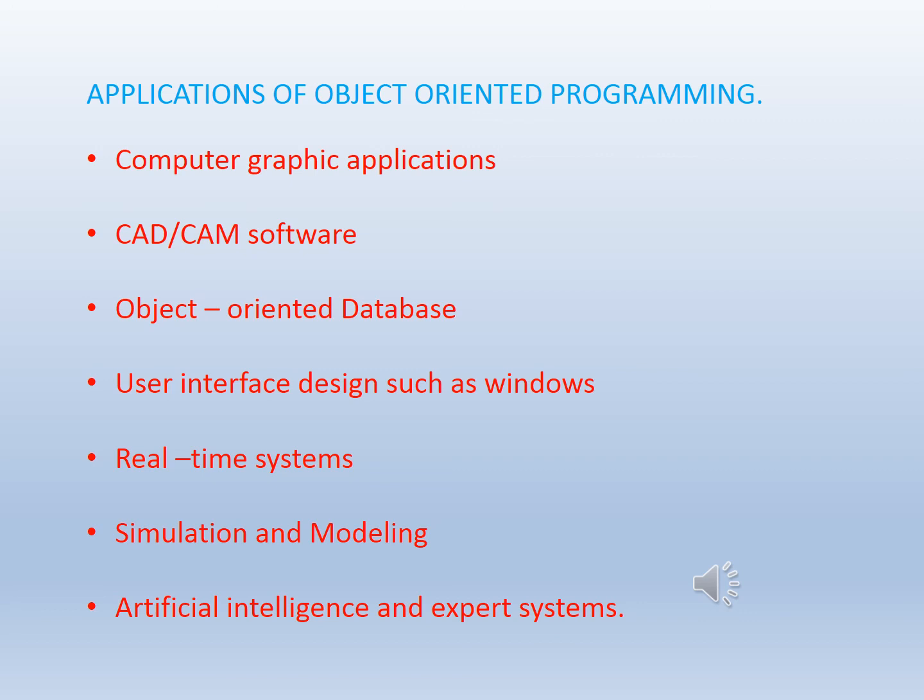You mention where it is used. It is used in computer graphic applications, CAD, CAM software, object-oriented databases, user interface design such as Windows, real-time systems, simulation and modeling, artificial intelligence and expert systems.